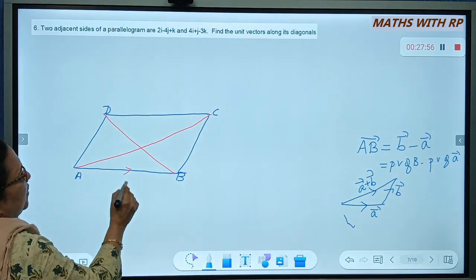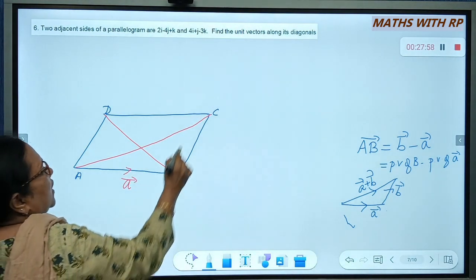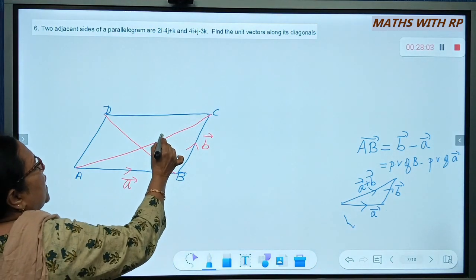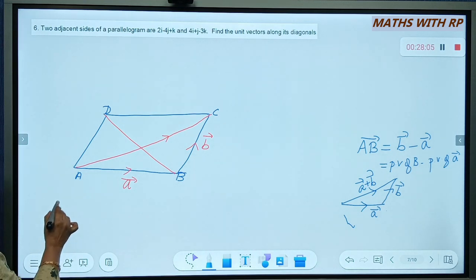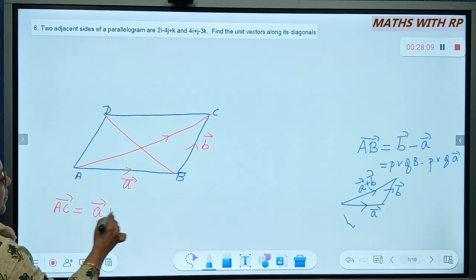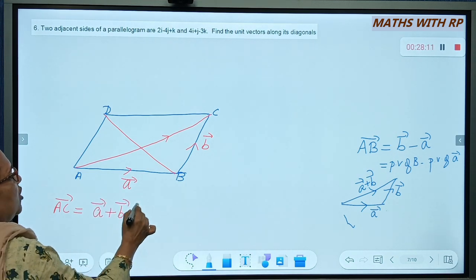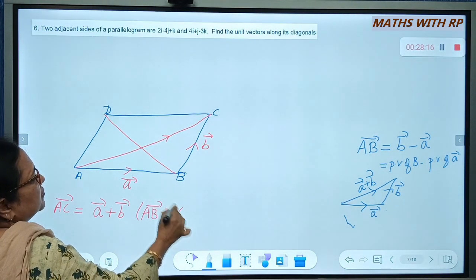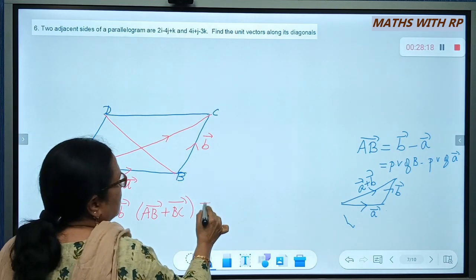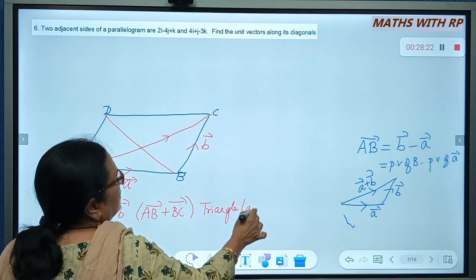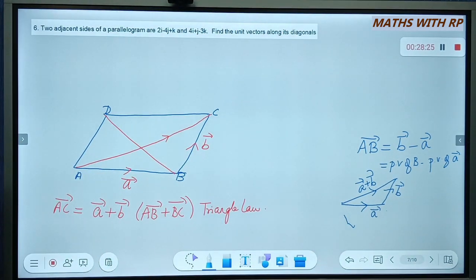Let this AB vector be A vector and BC be B vector. So what will be AC vector? Now AC vector will be A vector plus B vector because it is AB vector plus BC vector. This is what is triangle law. So we have found one diagonal which is A vector plus B vector.